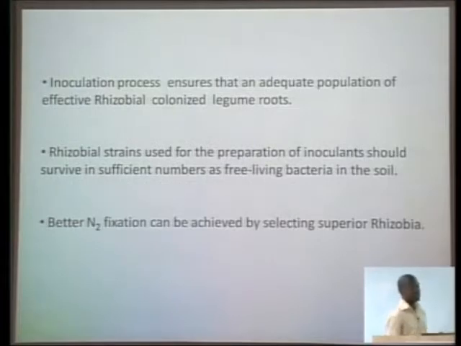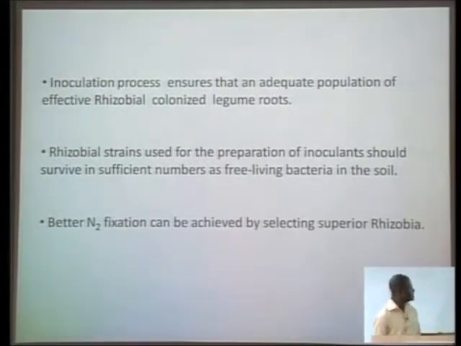Inoculation is the process of introducing the isolate, or the rhizobium, into the leguminous plants to make sure that the plants will get enough rhizobium to colonize the root system, so as to prevent re-inoculation during the later stages of the plant. The rhizobium strain used for such inoculum should be able to survive in large quantity as a free-living soil bacteria.